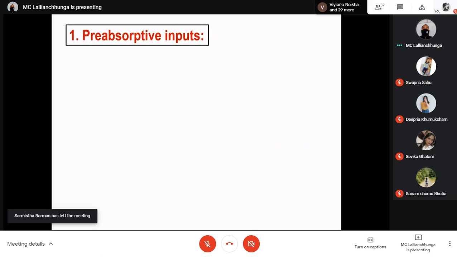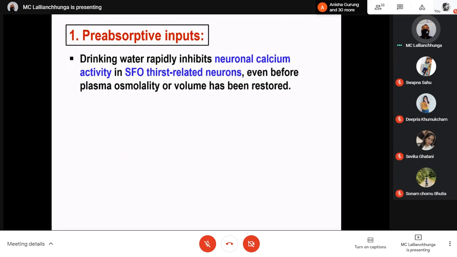So under this, let's see first pre-absorptive inputs. Pre-absorptive means before absorption of the fluid you have ingested. Drinking water rapidly inhibits neuronal calcium activity in SFO thirst-related neurons even before plasma osmolarity or volume has been restored.